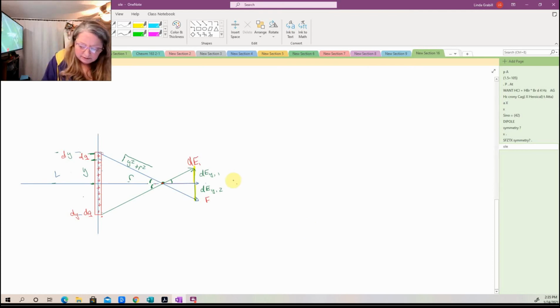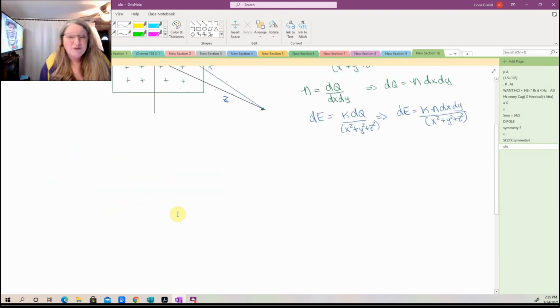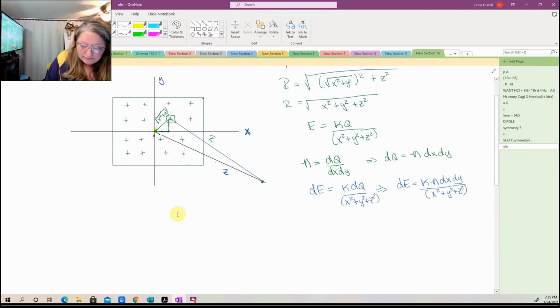If I called this direction my z direction, then my z component is going to survive and my y components are going to cancel. And the same thing holds true here. It's just harder to see because it's three-dimensional, and drawing in three dimensions is hard enough, especially when you're trying to do it on a computer.